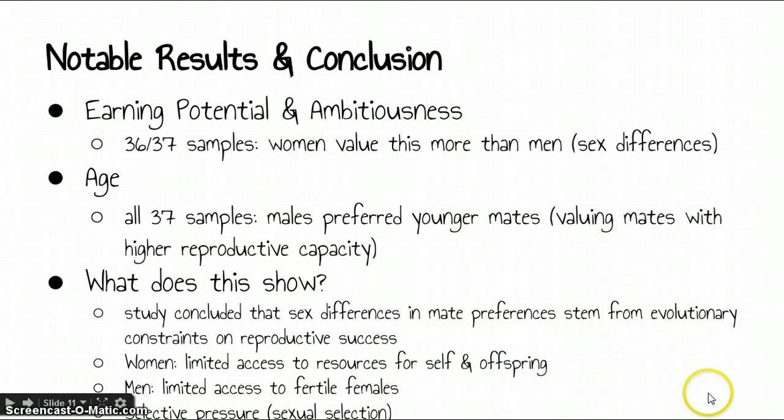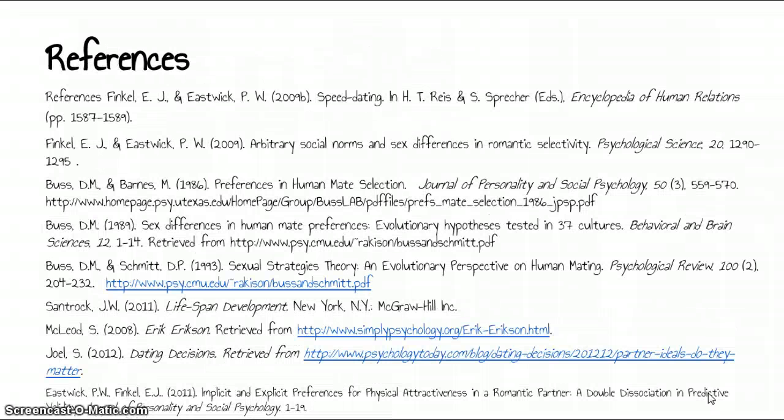So women were limited in the past in access to resources for self and their offspring, and men in turn were limited in access to fertile females. So this represents selective pressure and sexual selection. So it carries on to our generation now, and to adults and what they prefer in mates.